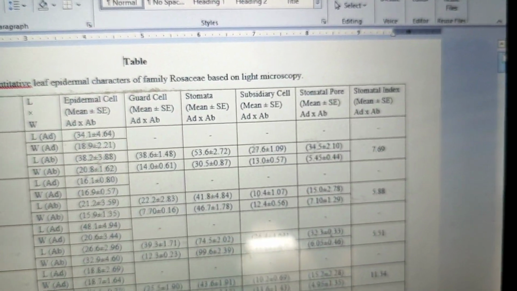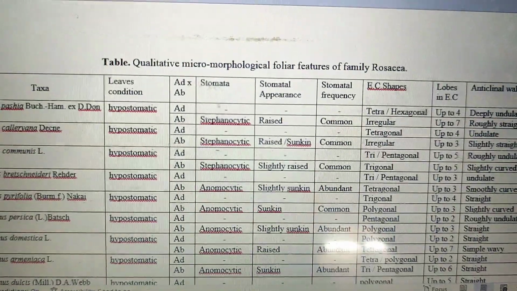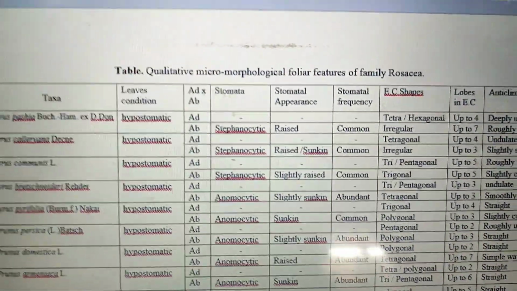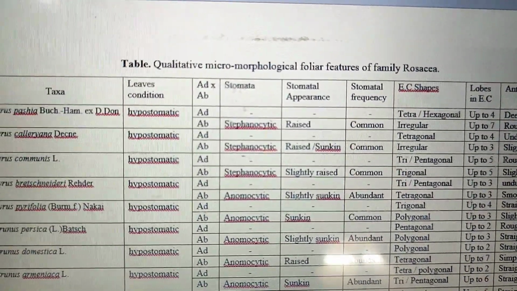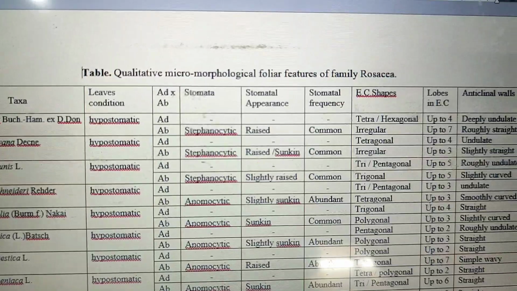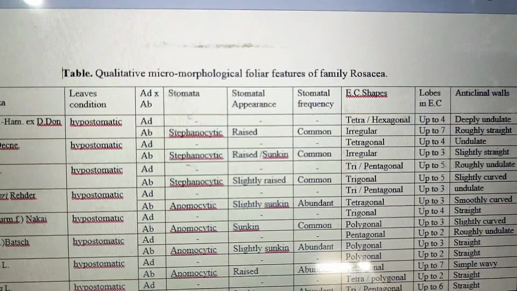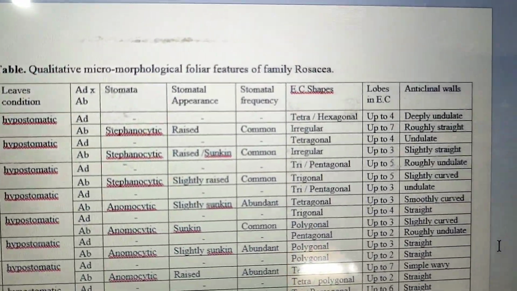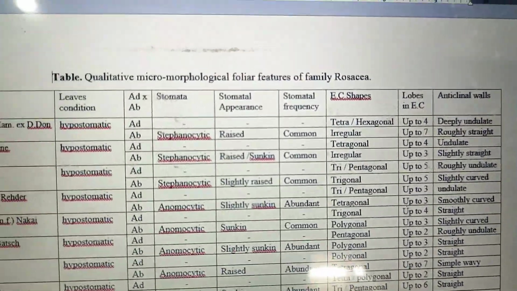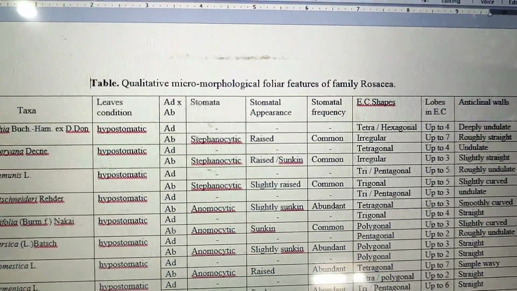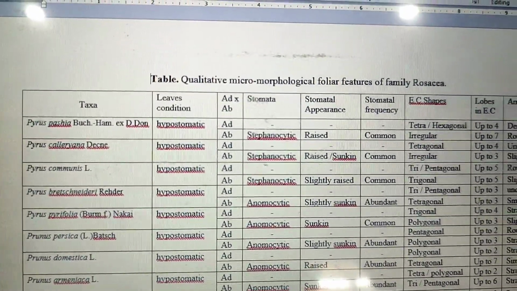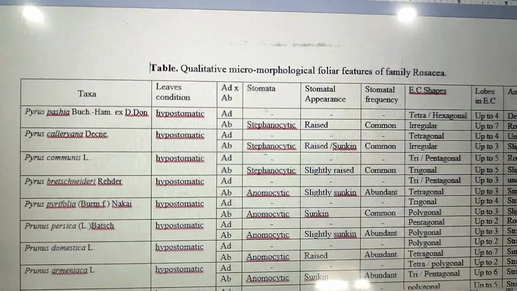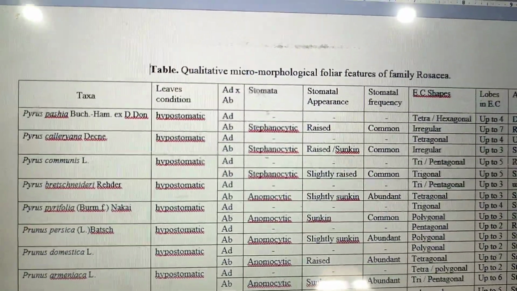Here you see the qualitative data taken under light microscopic study, which includes leaf conditions, stomatal appearance, stomatal frequency, epidermal cell shapes, lobes, and anticlinal walls, and at the same time you study different types of trichomes, their shapes, and their qualitative characteristics. So this is a complete and simple way to study leaf epidermal anatomy under the light microscope.